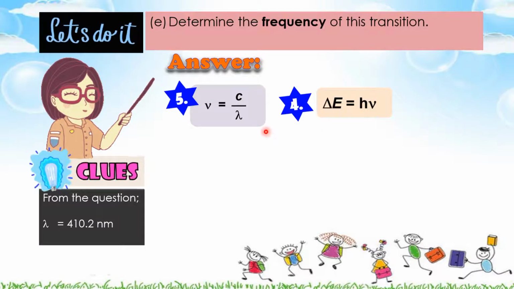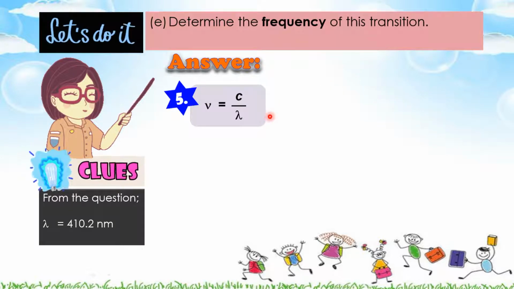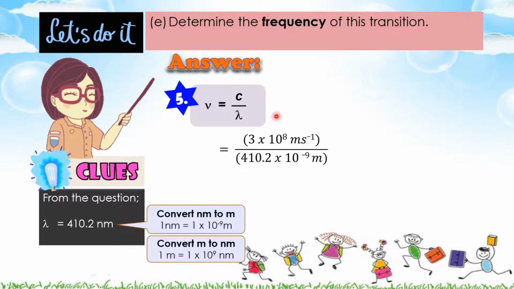My suggestion is that you better use formula number 5, because if you use formula number 4, you are going to substitute the value of delta E from the previous calculation, which we don't know whether it is correct or not. So there is a very high risk.